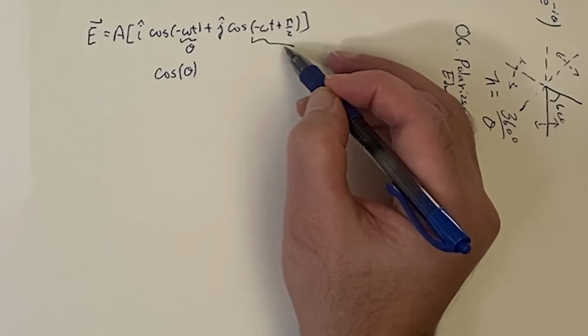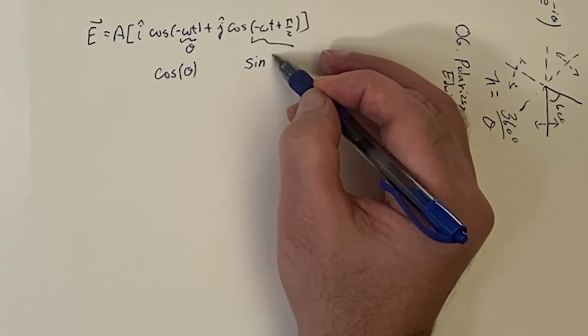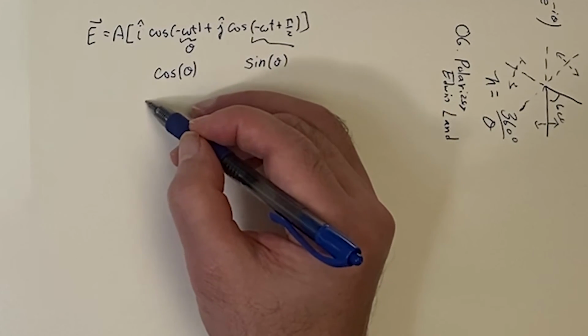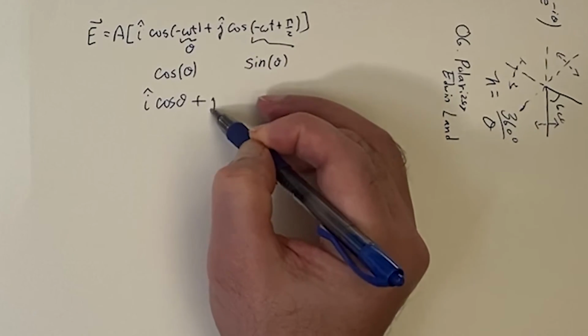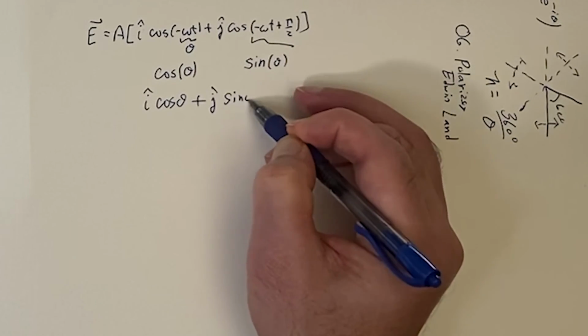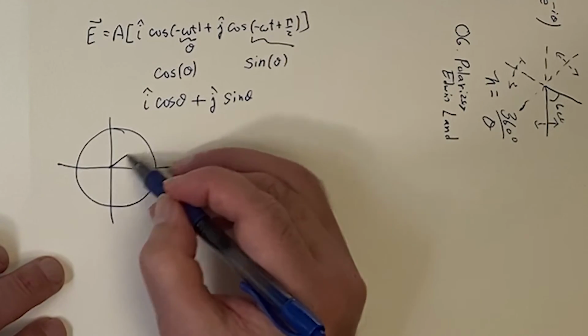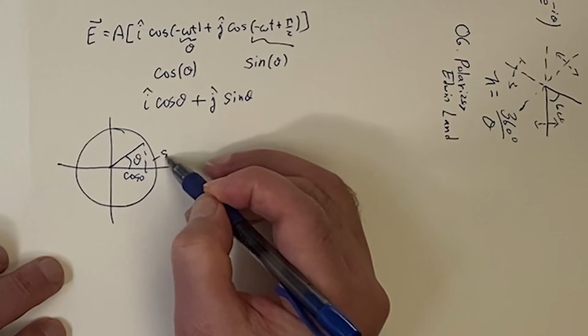And here, this would be the sine because of the complementary angle. And so here you have this nice result that you have i hat cosine theta plus j hat sine of theta, and that is along a circle where you have your angle, you have your cosine and your sine.